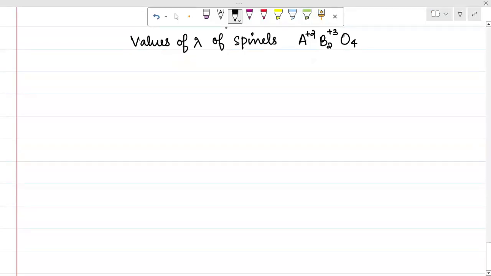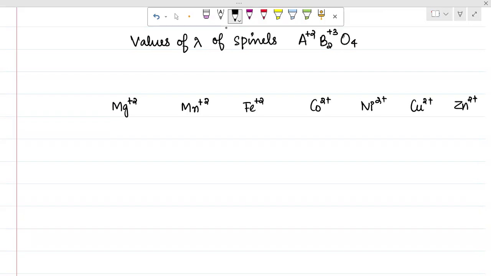Okay. So over here, along the first row, please note it down. We have Mg2+, manganese, iron, cobalt, nickel, copper, zinc. Okay, these are the A metals that they are talking about.